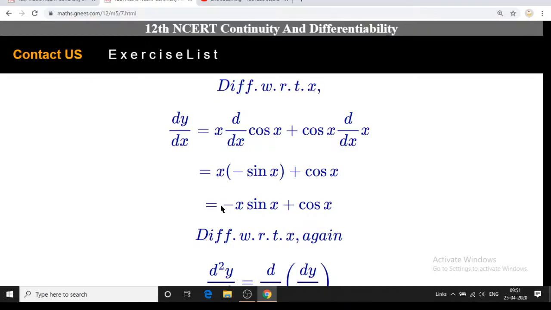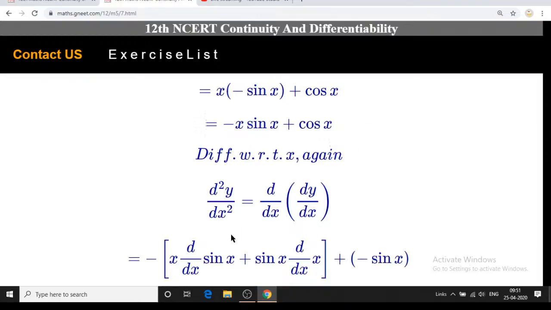Now to get the second order derivative, here again it is a u into v. The derivative of this will be written as minus, keeping the sign outside, that is the easiest way: first times derivative of second plus second times derivative of first, plus the derivative of cos x. The derivative of cos x is minus sin x.